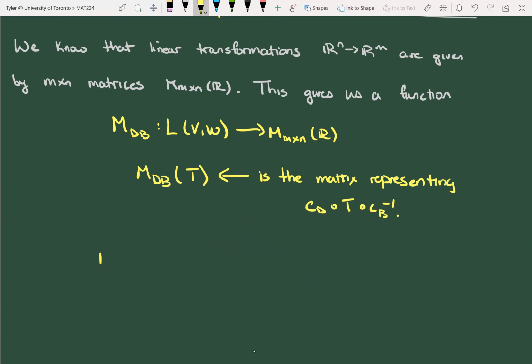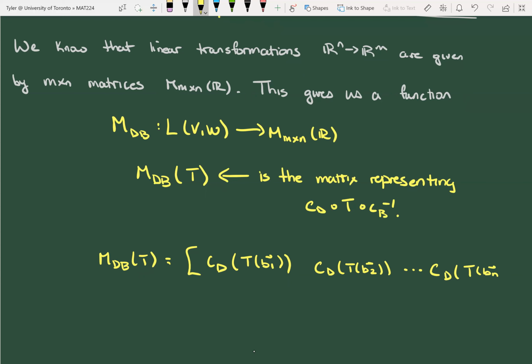You get MDB of T, and you can calculate its columns by computing the coordinate transformation of T acting on the first basis vector of B, and then the second column is the same sort of thing, but now you act on the second basis vector, and so on and so forth, right? CD of T of Bn, like that. So you can see both bases coming into play here. Here is where the basis D comes into play, and here is where the basis B comes into play.